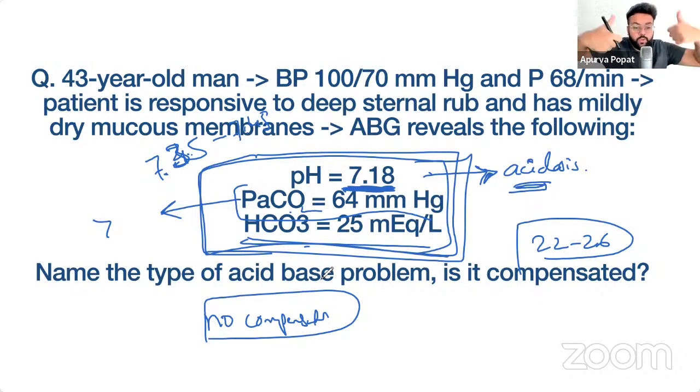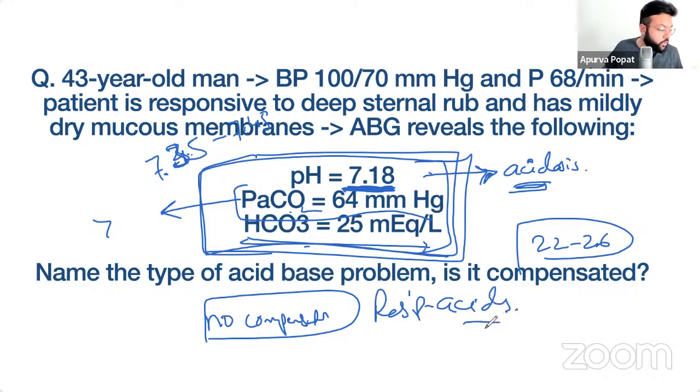Since PaCO2 is high and your pH is low, what kind of acid base problem is this one? Respiratory acidosis. This is not both respiratory and metabolic acidosis, Argdeep. If it would have been metabolic acidosis, your bicarb would be very, very low. This is respiratory acidosis at a very beginning stage where the kidneys did not have time to compensate.